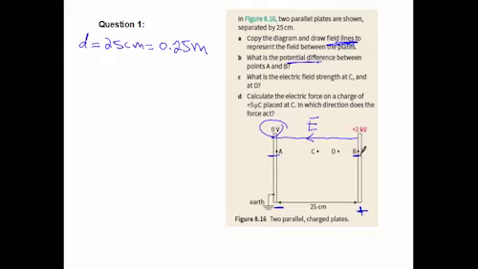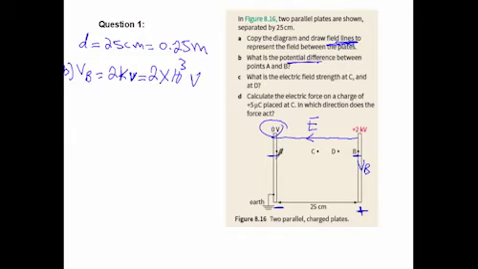So the potential at B is 2 kilovolt, and we can convert kilovolt to volts by multiplying by 10 to the 3, or 1000. So 2 kilovolt is 2 times 10 to the 3, or 2000 volts. This is the potential for B.